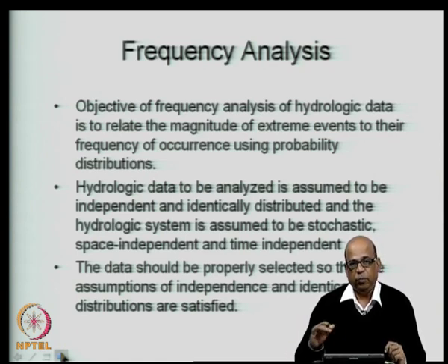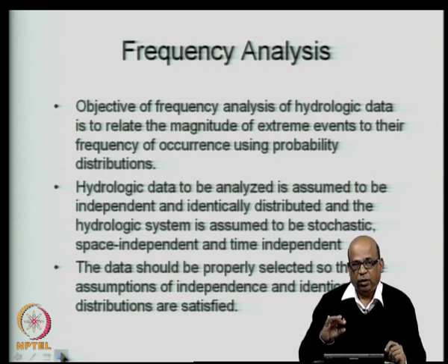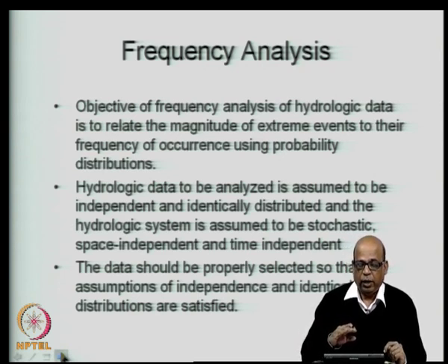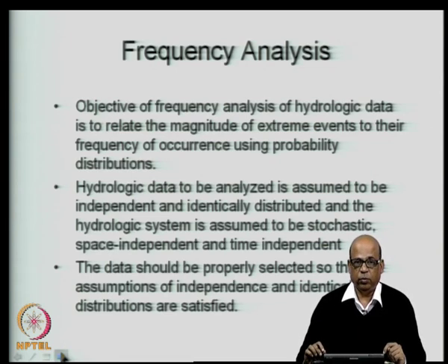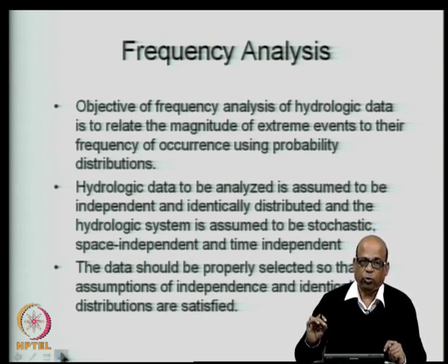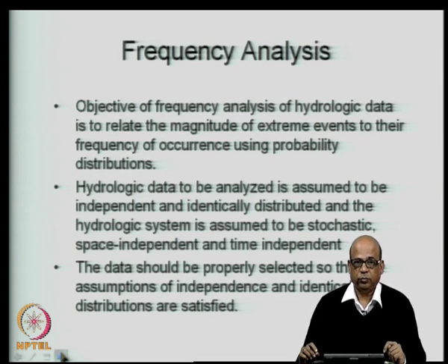Now, if you simply put a threshold, let us say flood values, stream flow values exceeding a certain threshold value of stream flow, let us say 10,000 cusecs or some such thing, then in a given year you may have several such values which all exceed the threshold of 10,000 cusecs. If you collect such values, they may not be independent.